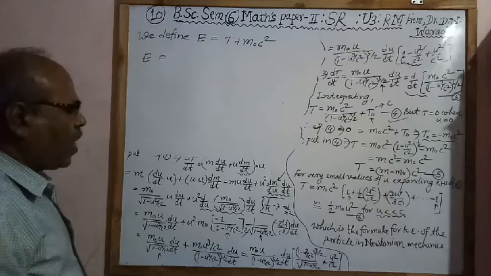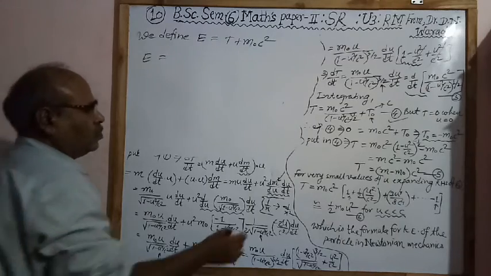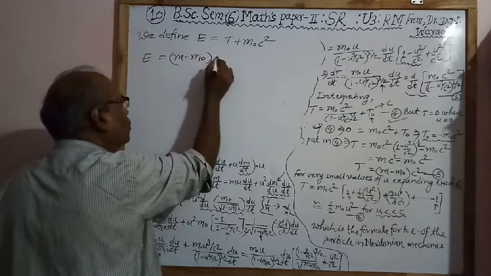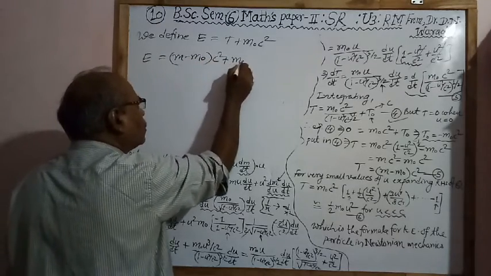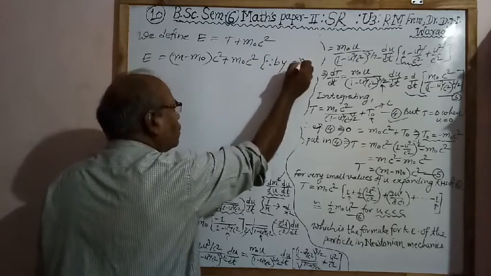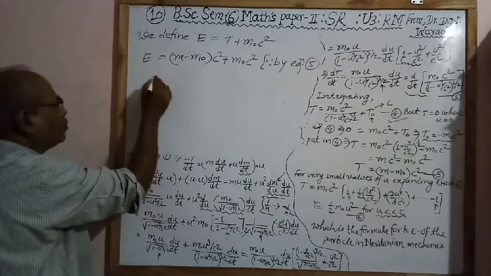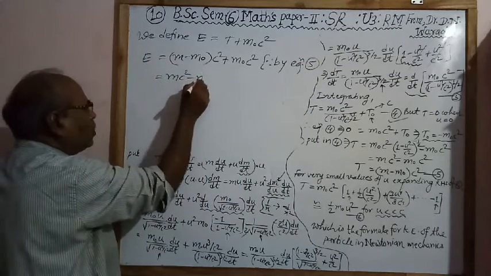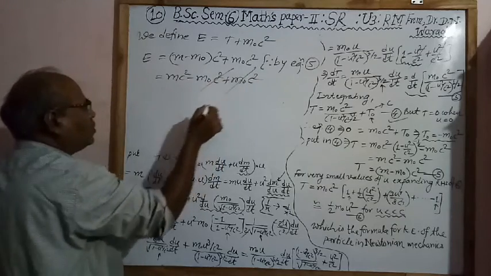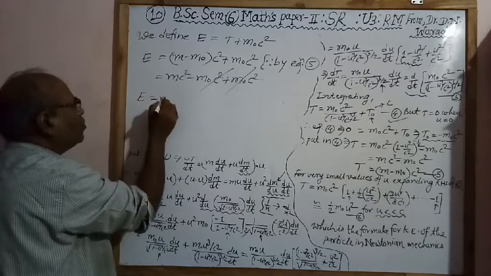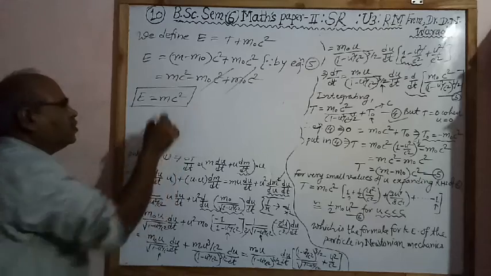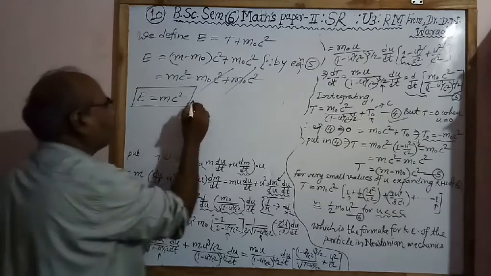Now put the value of T, that is by equation 5, m minus m0 into c square plus m0 c square. Therefore mc square minus m0 c square plus m0 c square, the plus minus cancel. Therefore we have E equal to mc square. Now this is the required mass energy equivalence.